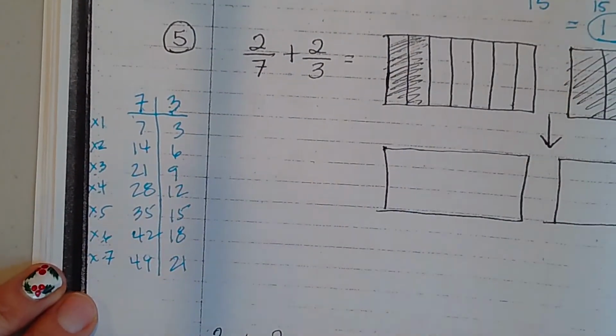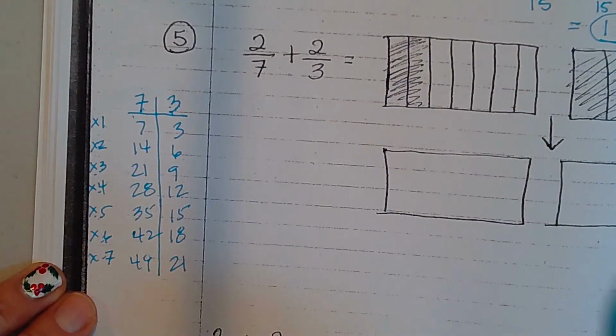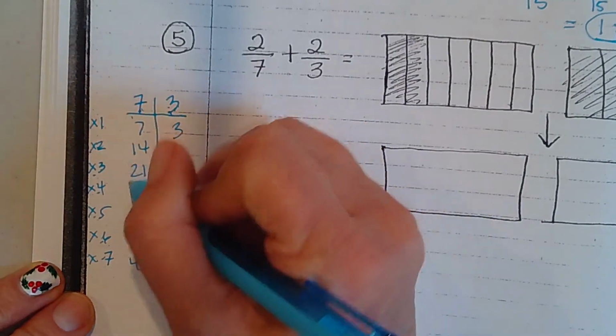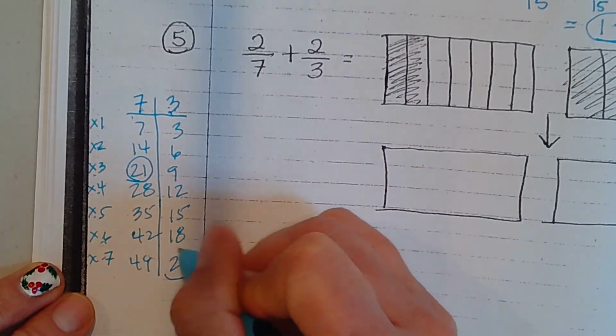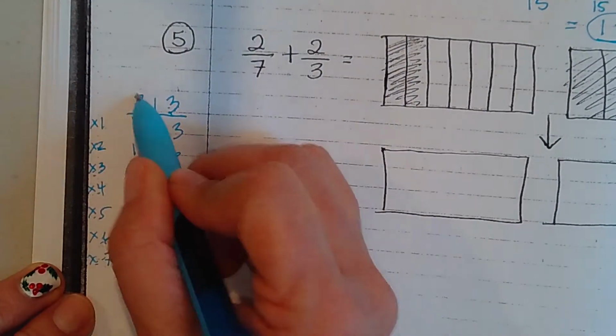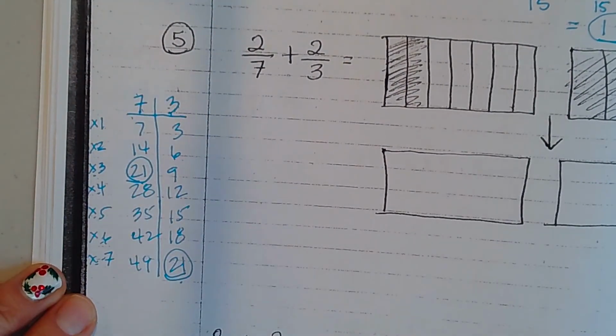So I stopped at 7, but you could go farther if you needed to. But the big idea with scoreboarding would be to find a common product that they share. So 7 times 3 is 21. 3 times 7 is 21, right?